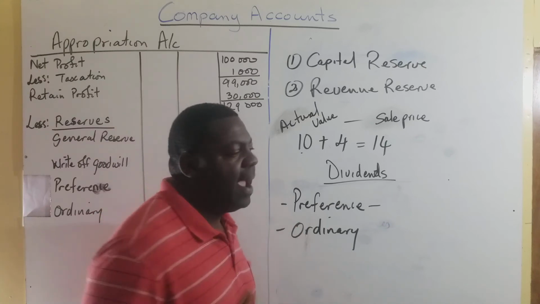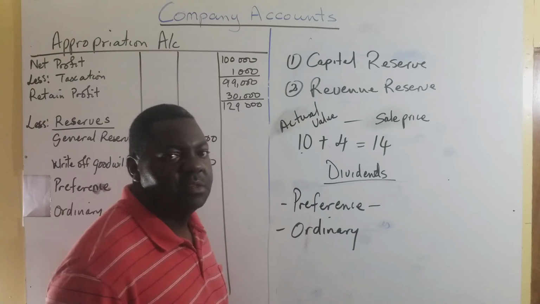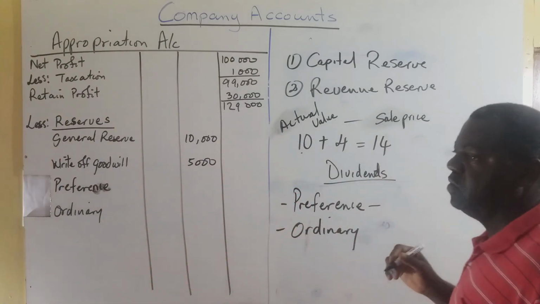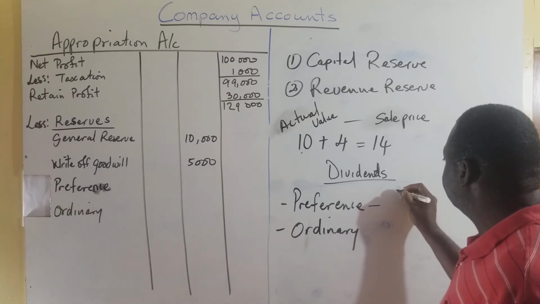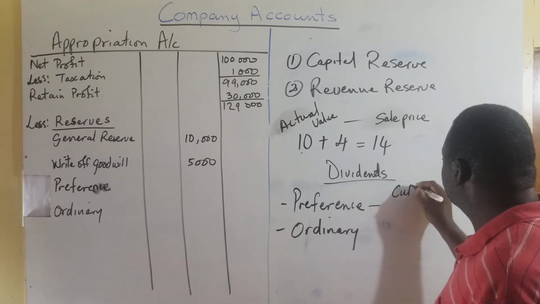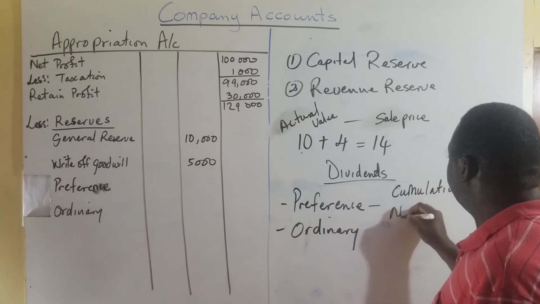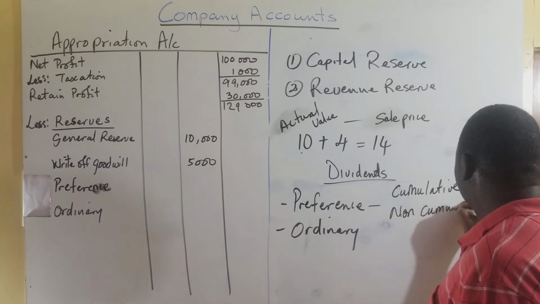So when you buy preference shares, you are paid from the profit first. Okay. Now there are two groupings or two types of preference shareholders. One is referred to as cumulative and the other non-cumulative.